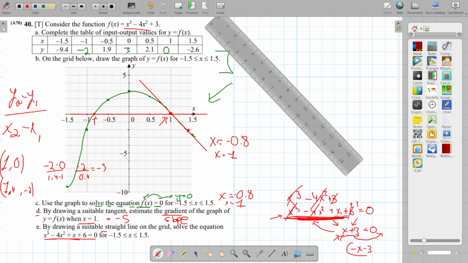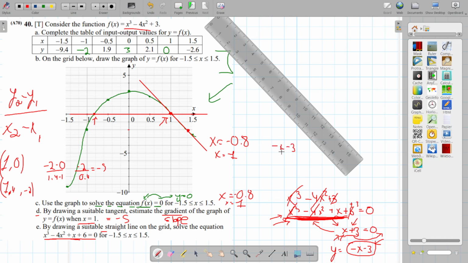This is your new line that you have to draw: y equals minus x minus 3. I did it by canceling, and I moved it to the right. Always move it to the right. If you have anything left on the left side, you must move it to the right. It becomes minus x minus 3. So y equals minus x minus 3.